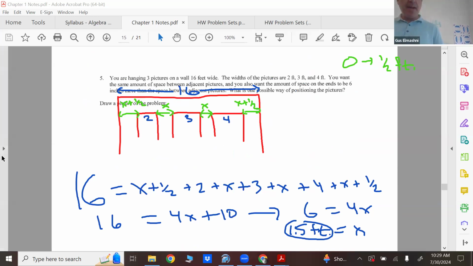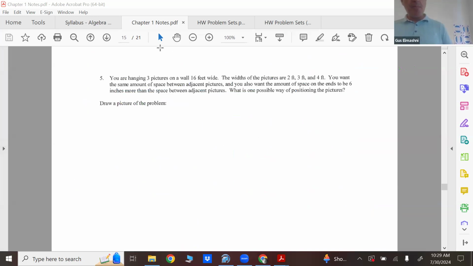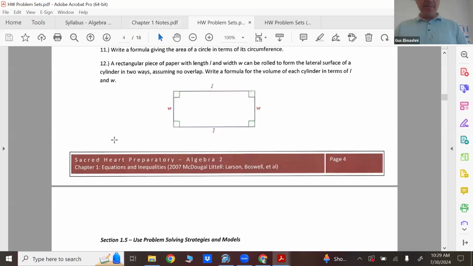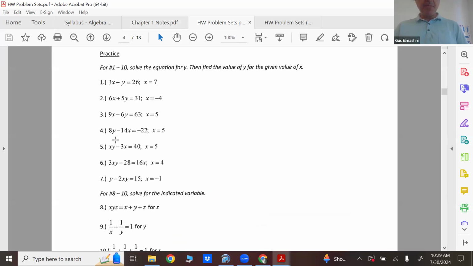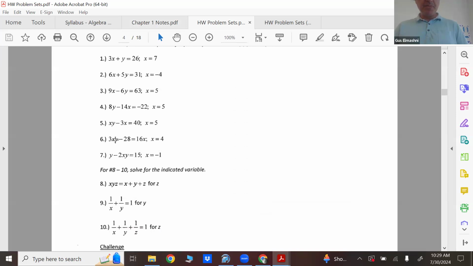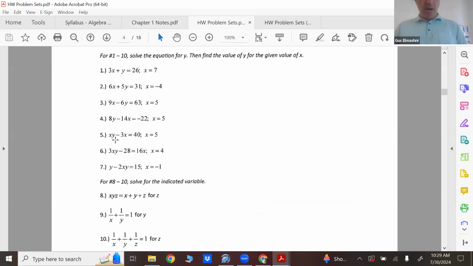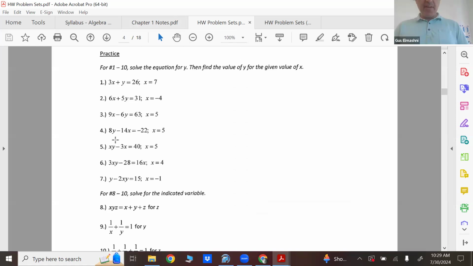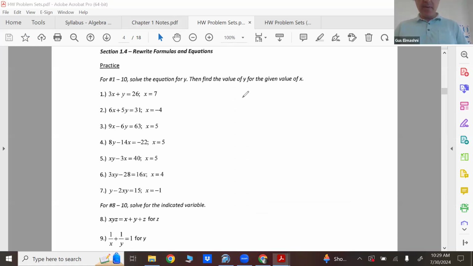Perfect. So it's 10:30. I'd like you guys to go to homework problem sets. Let's see. We're supposed to solve for y. Let's not do 9 and 10. Let's do 1.4. The problems we're leaving out, we can come back to them later. So section 1.4, let's do numbers 1 through 8.